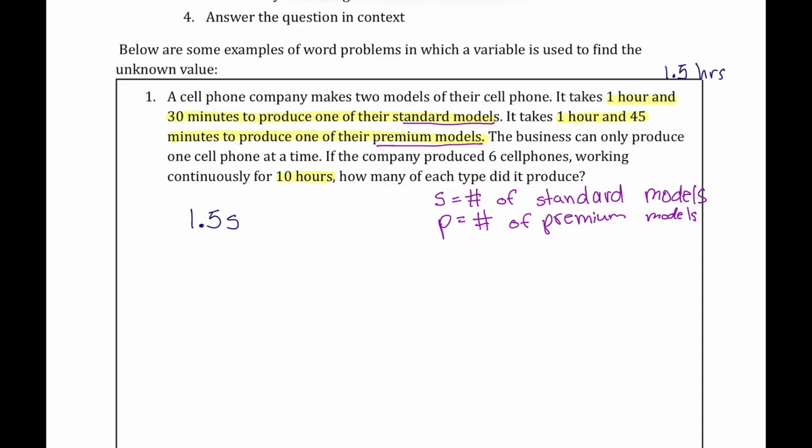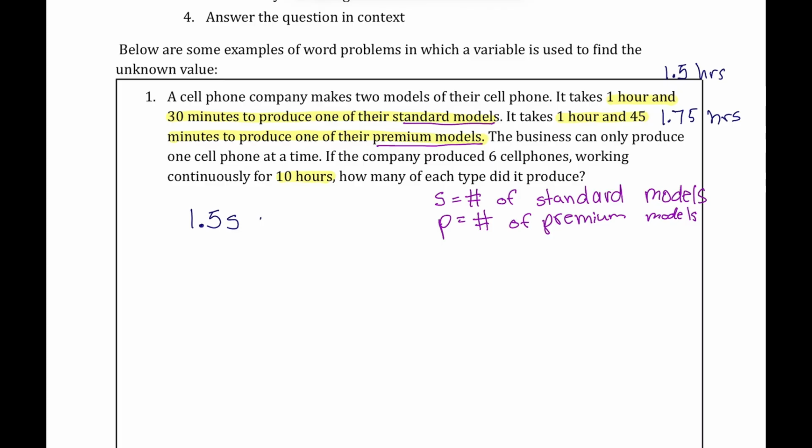We're going to do that same thing for premium models. So premium models, it's 1 hour and 45 minutes. 45 minutes is 3/4 of an hour, or as a decimal, that would be 0.75. So we can say that 1.75 hours is the amount of time that it's taking to create a premium model. And again, if we multiply 1.75 times P, that's the total amount of time that is spent creating premium models.